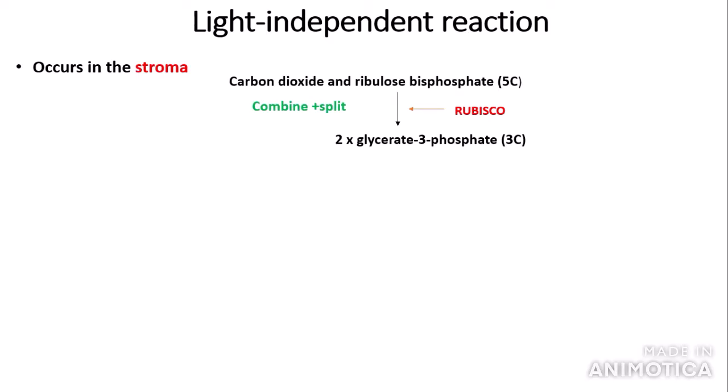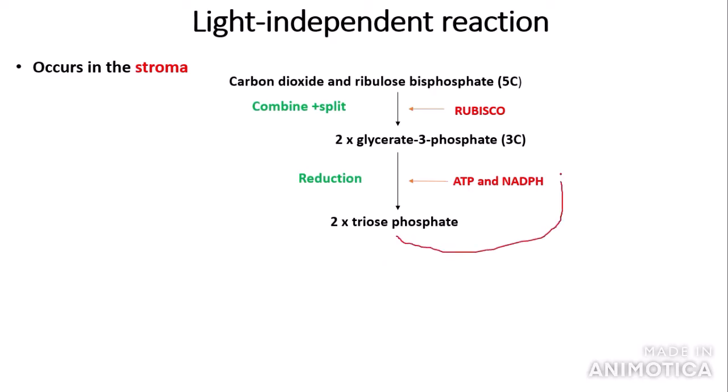The glycerate 3-phosphate molecules are then reduced by NADPH with the help of ATP to provide energy. So it's a reduction reaction to produce 2 molecules of triose phosphate. Now these triose phosphate molecules can either be recycled to produce ribulose bisphosphate, hence the name Calvin cycle, or they can be used to produce other useful organic substances, for example polysaccharides, e.g. cellulose and starch.